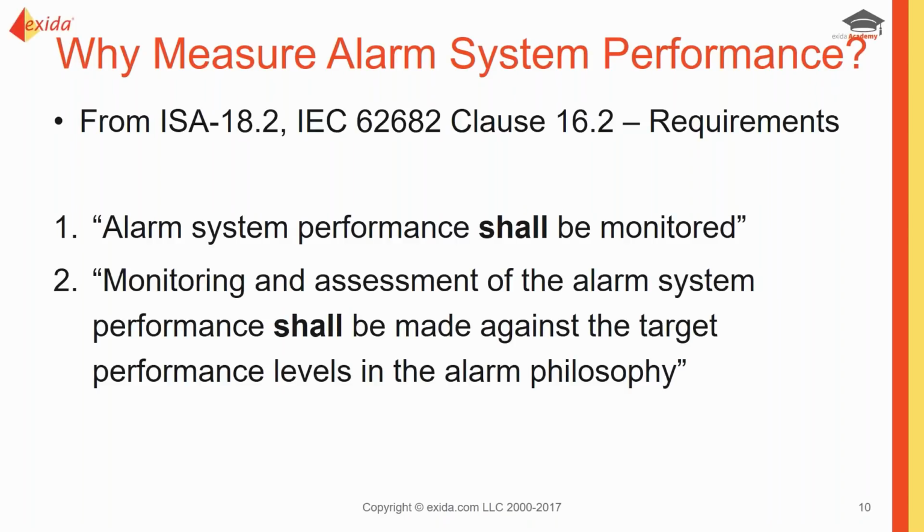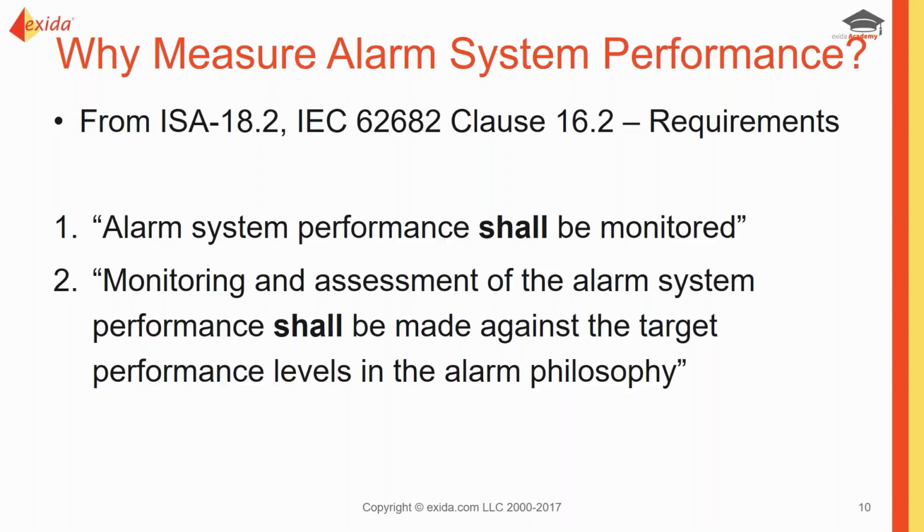They could also evaluate to make sure that you are doing monitoring and assessment. And essentially the second requirement is that monitoring and assessment of the alarm system performance shall be made against the target performance levels in the alarm philosophy. Target performance levels means the number of alarms per day per operator, alarm flood scenarios, stale alarms.